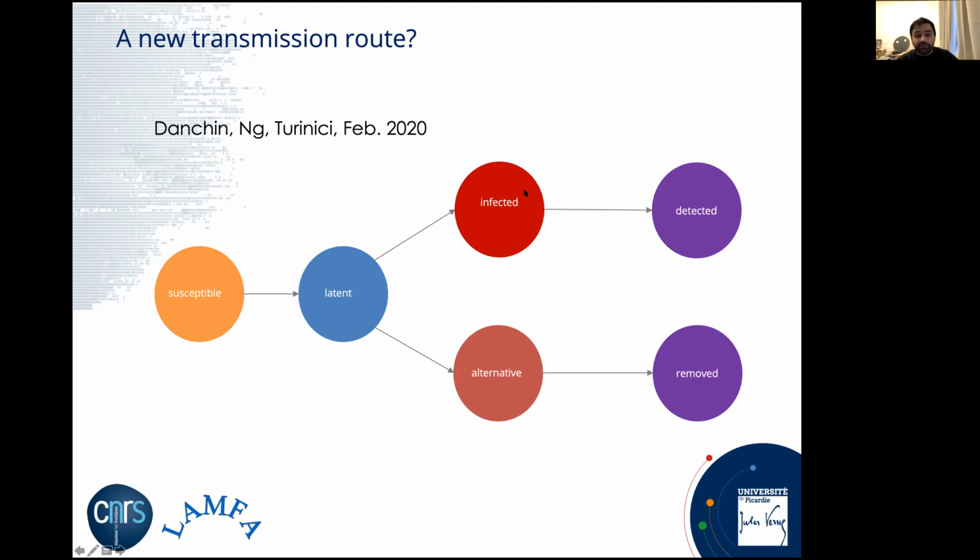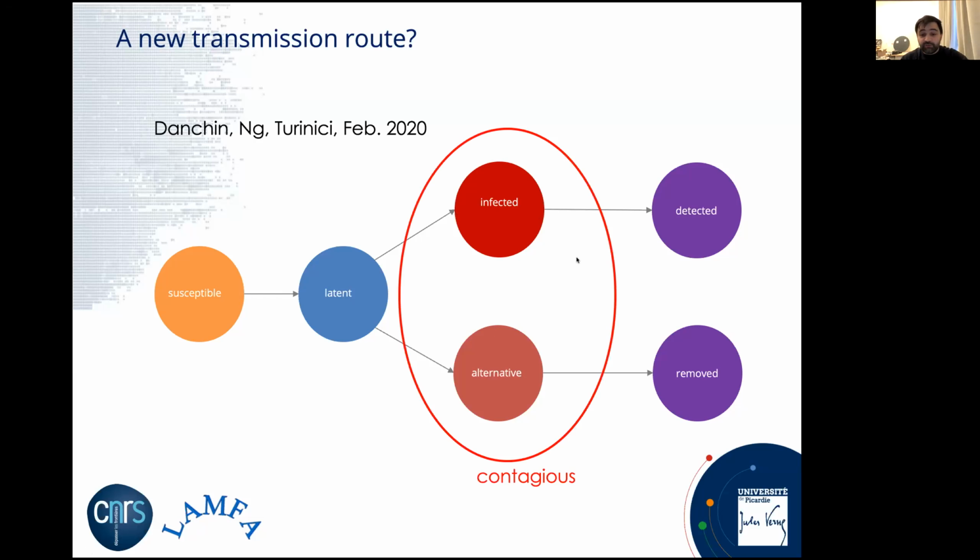Normally, if you control the infected individuals, the disease should vanish. So they supposed very early that you have an alternative transmission route, so even if you try to control these individuals, you still have some infection. In their model, they suppose that these two groups are contagious.